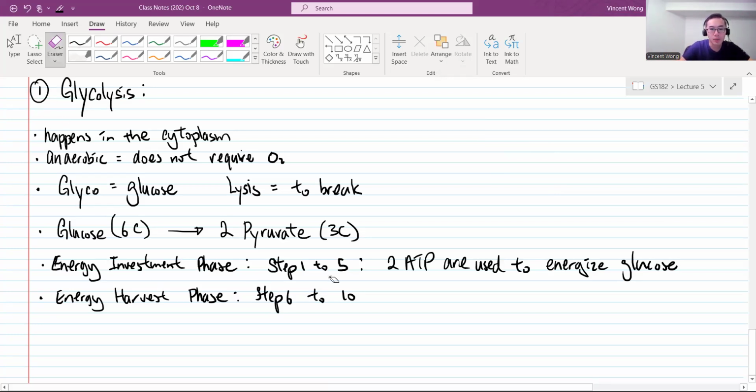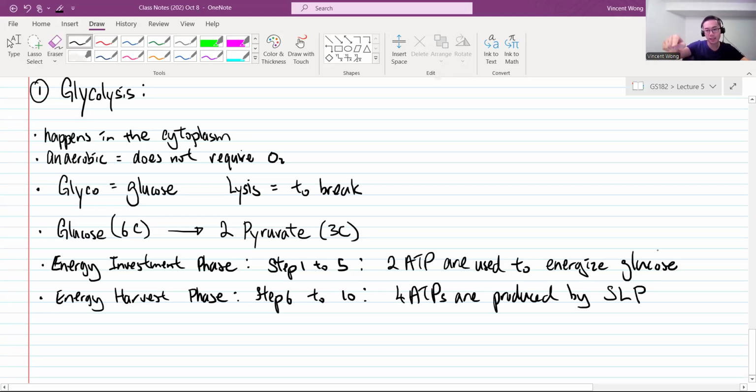So in glycolysis, we invested 2 ATPs to energize the glucose, and in the energy harvesting phase, 4 ATPs are produced directly by substrate level phosphorylation. That's the method where an enzyme transfers the phosphate from a donor to ADP, right?